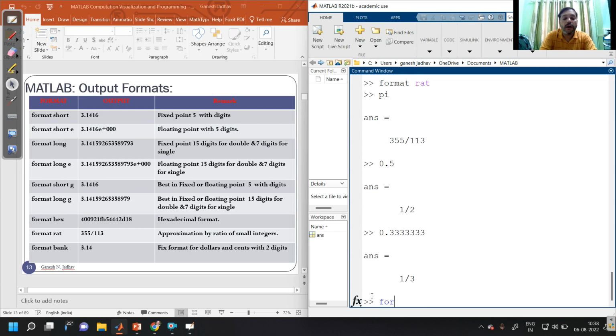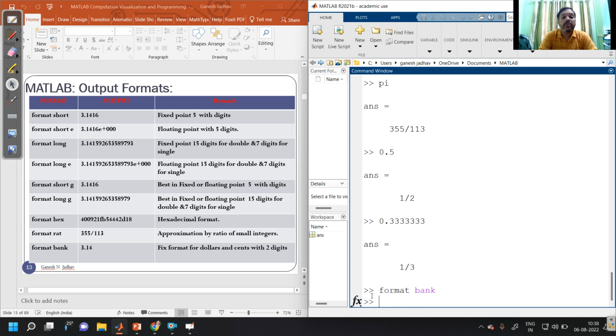If I use format bank and type the value of pi, it will give you 3.14, that is rupees and paisa, or dollars and cents. It will display two digits after the decimal point. Suppose I type 20 by 3, it will display 6.67.